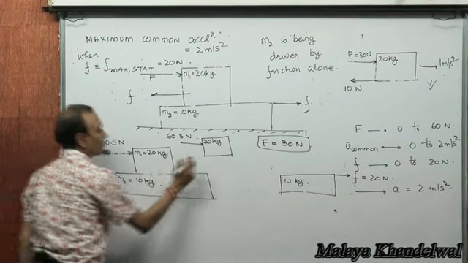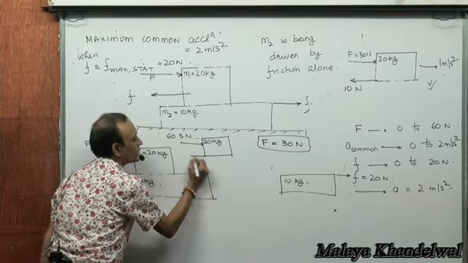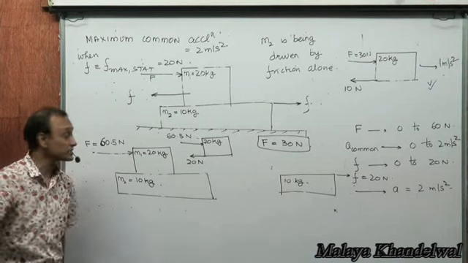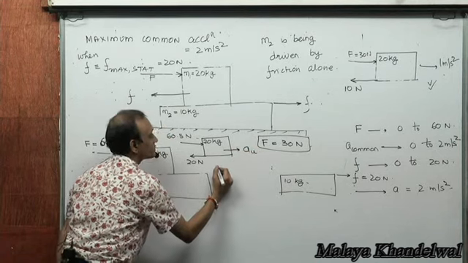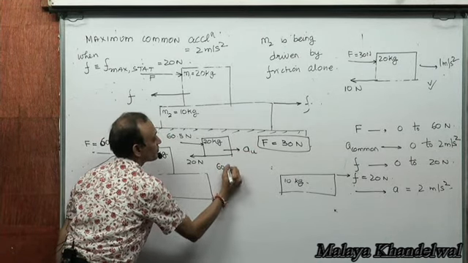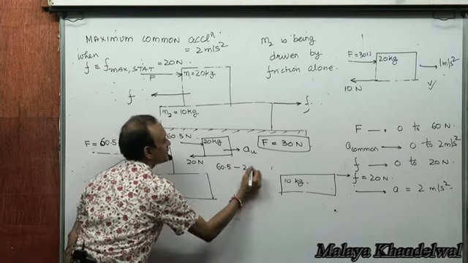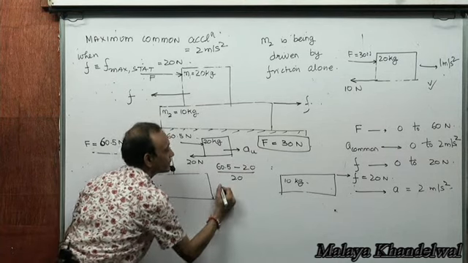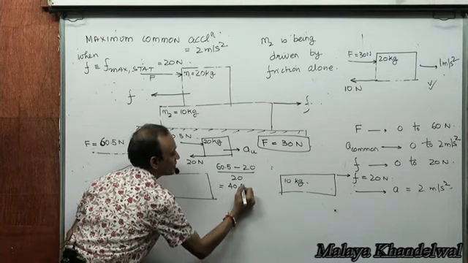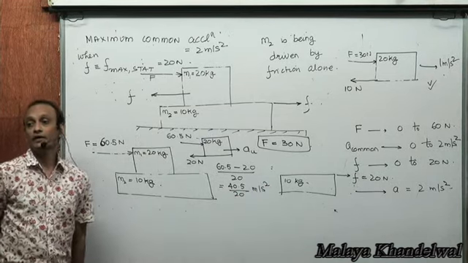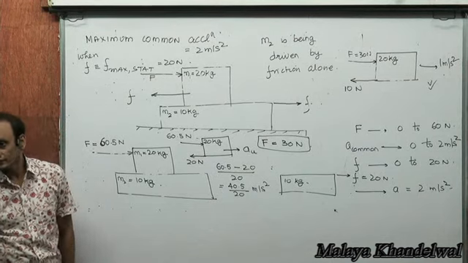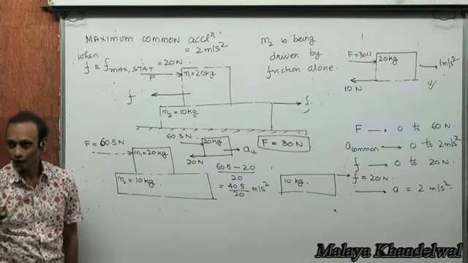So the upper block will experience a 20 newton force like this, which is kinetic friction, but approximately equal to maximum static. What would be the acceleration of the upper block? AU, the acceleration of the upper block, would be 60.5 minus 20 divided by 20, which is 40.5 divided by 20 meters per second squared. 2.0025 would be the acceleration of the upper block.